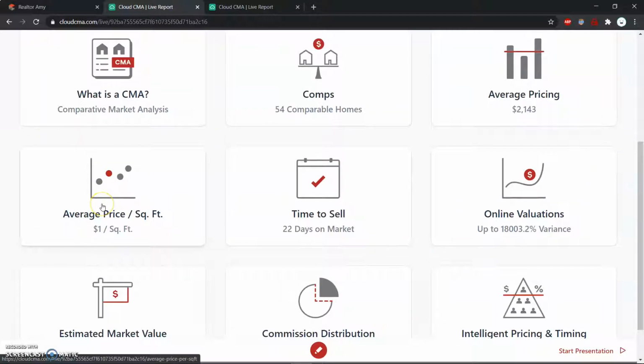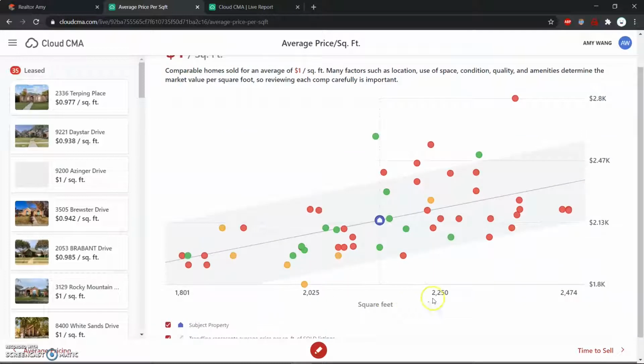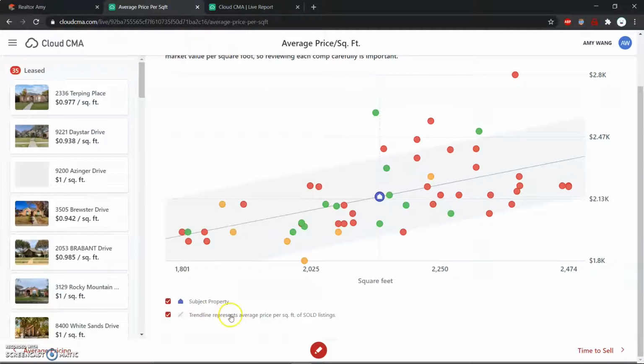This is a very powerful chart. The x-axis is the size of the house, and the y-axis is the rent. This gray line is the trend line, representing the average price per square foot of the sold listings, which are the properties that have been leased. And this dashed line represents the size of the property you used as the reference.